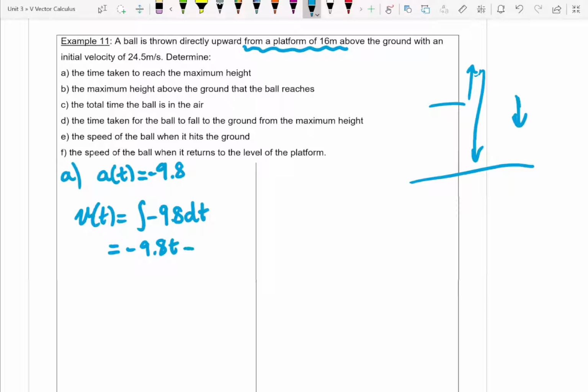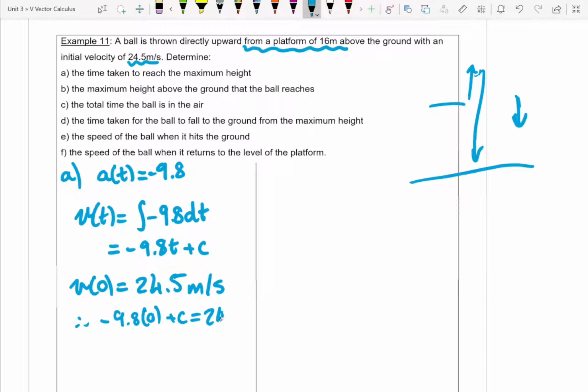We also have that constant of integration, but we can solve that using the initial velocity. So we know v of 0 is equal to 24.5 meters per second. Therefore, negative 9.8 times 0 plus c equals 24.5. So c is just going to be equal to 24.5.